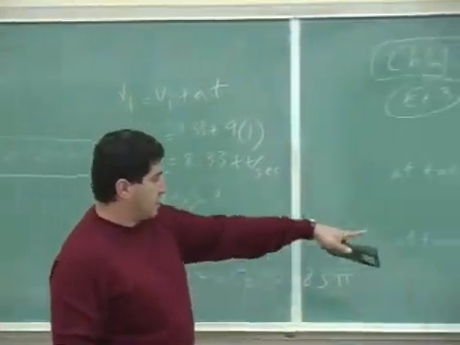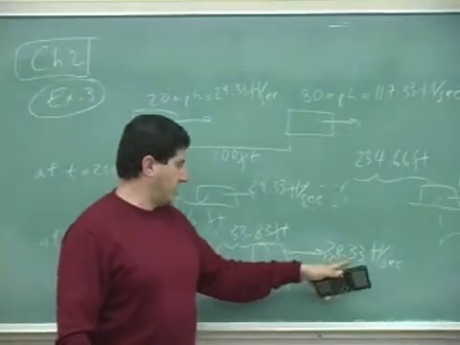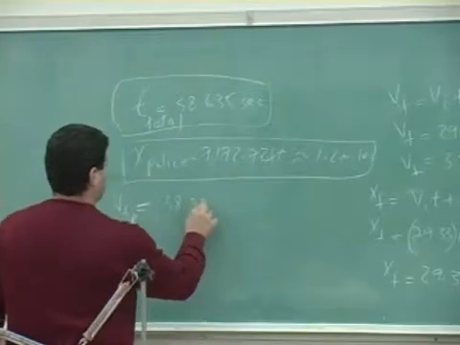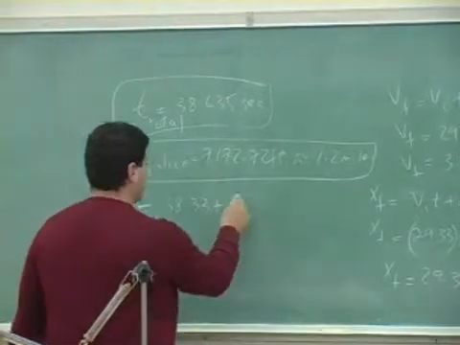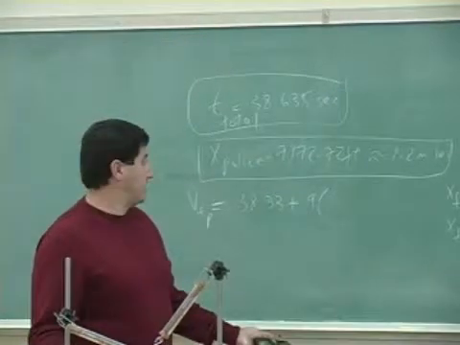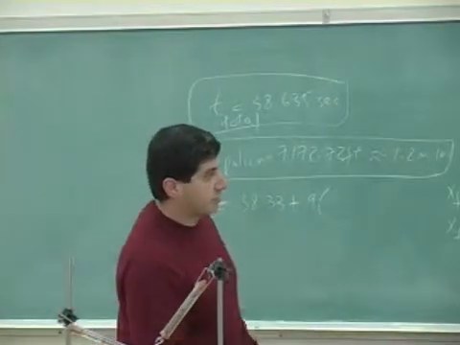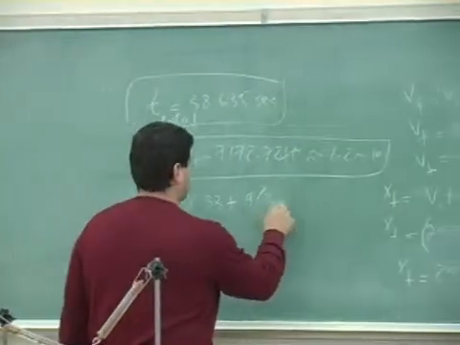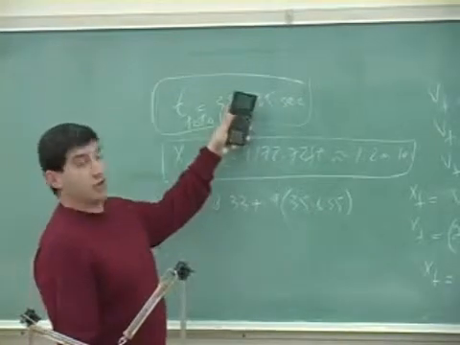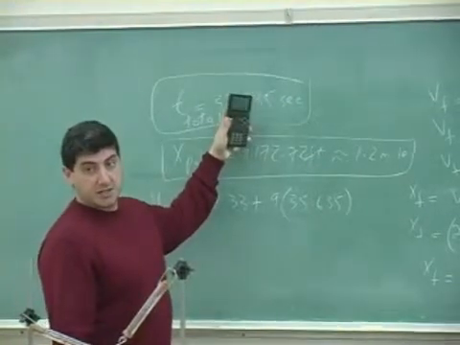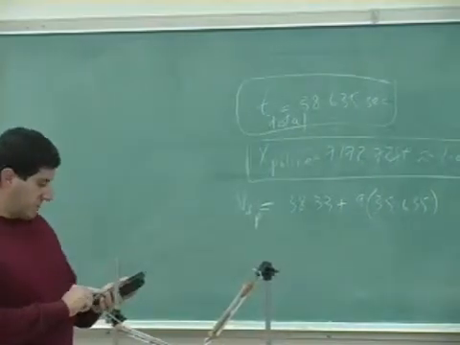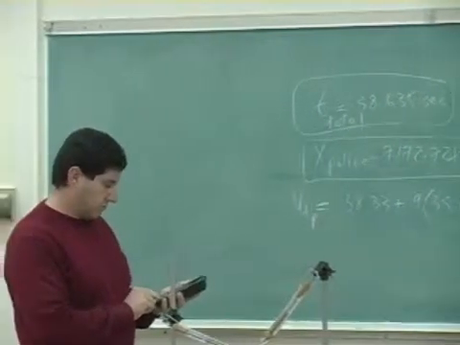Their original speed is 38.33 plus its acceleration is 9 times the t, which is 35.635. Notice the t that I'm using here is not the 38, because the 38 includes the original 3 seconds. So that's the final speed of the police.